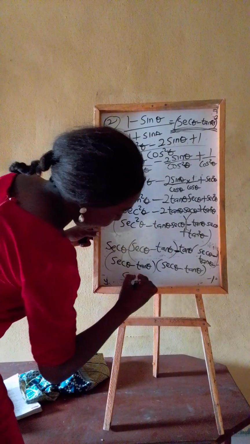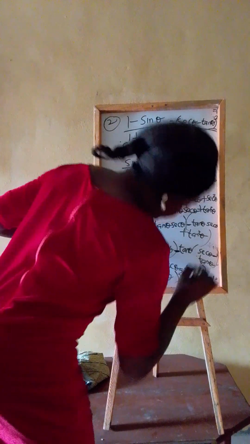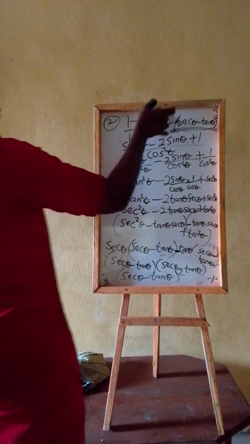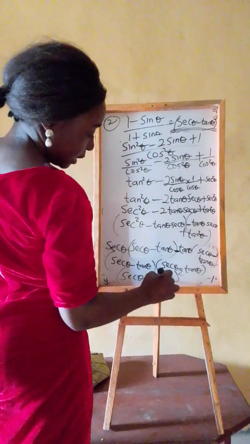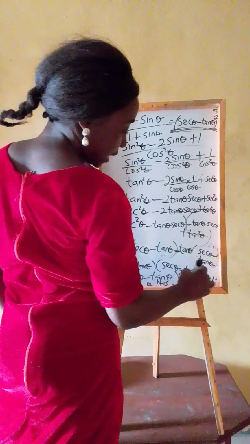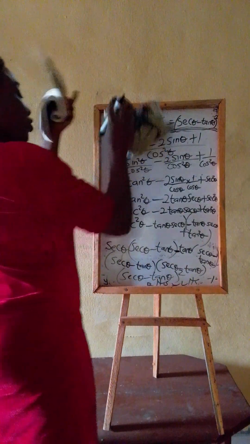They are common, so we end up having sec theta minus tan theta squared. It has been proved. So this equals this, our right hand side equals left hand side.